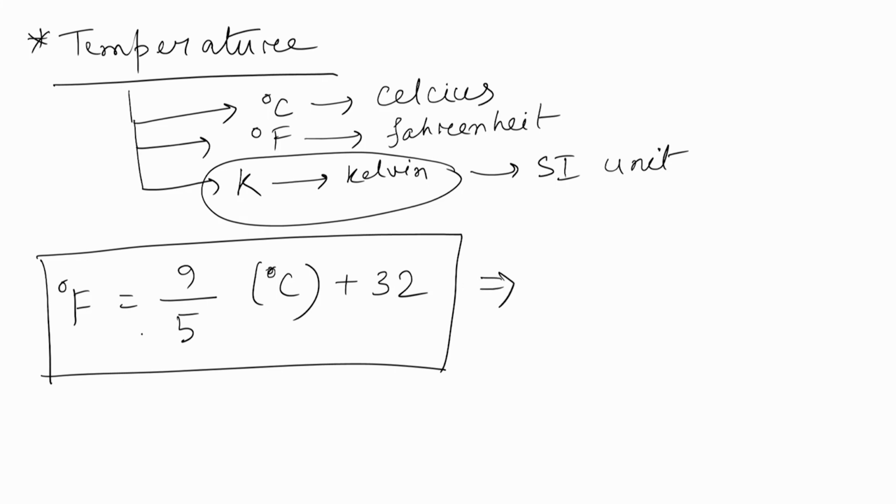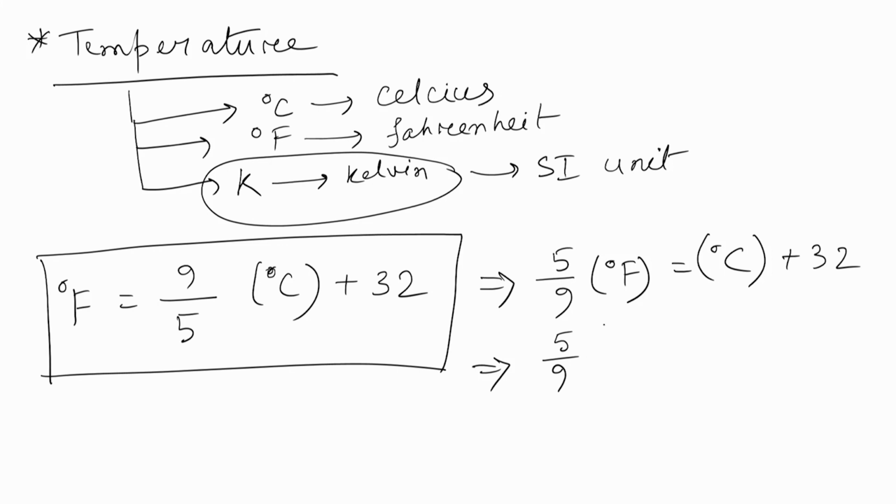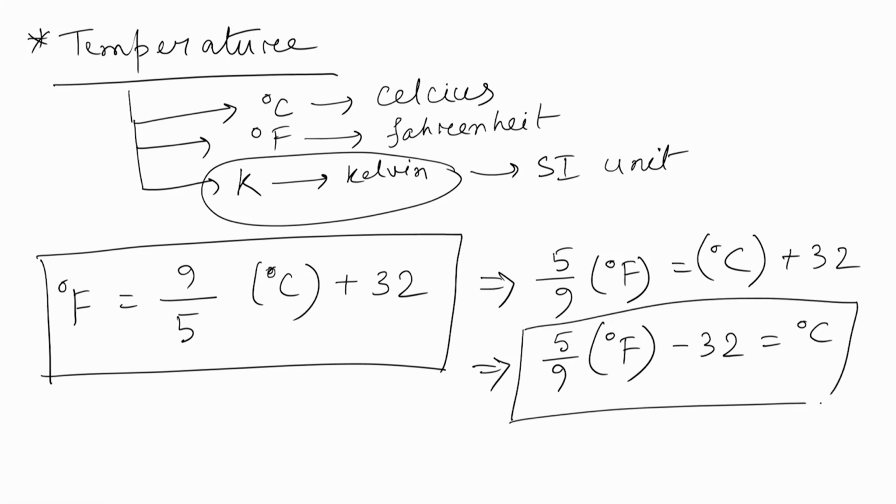If we cross multiply, then 5/9 into degree Fahrenheit minus 32 is equal to degree Celsius. So these are the relations between degree Celsius and degree Fahrenheit.